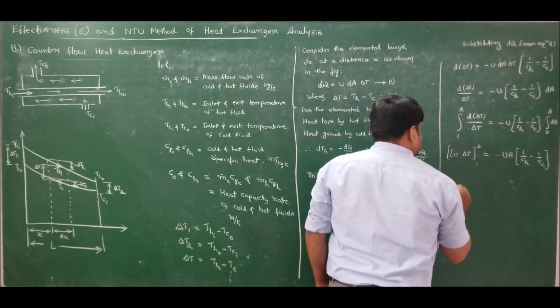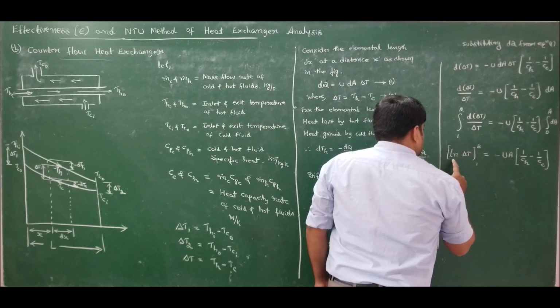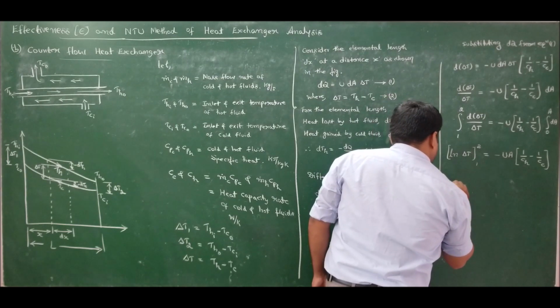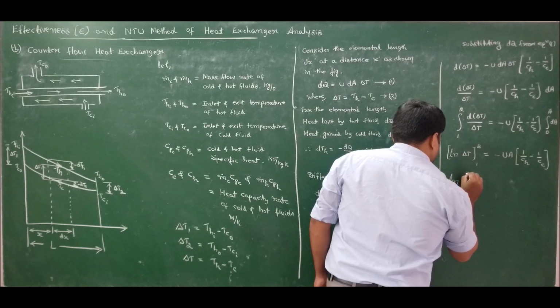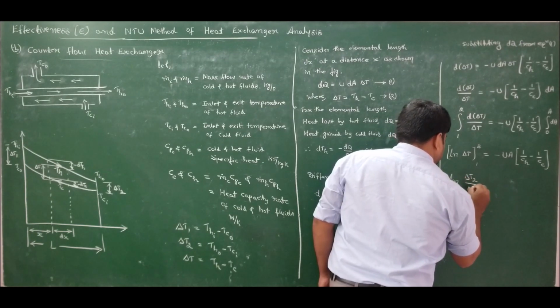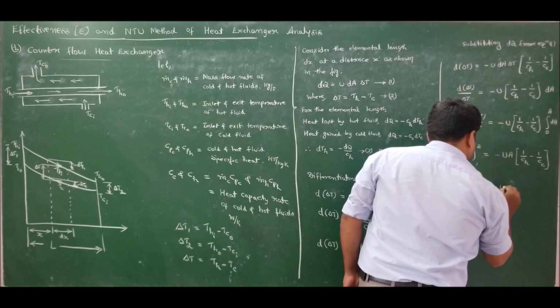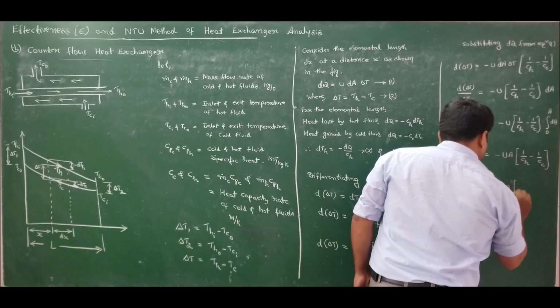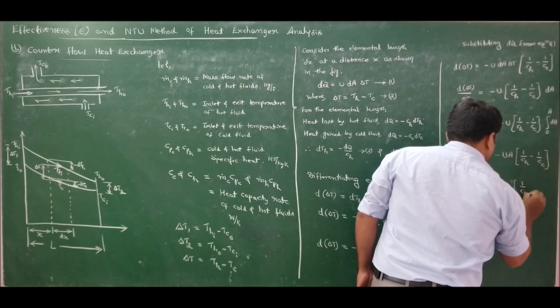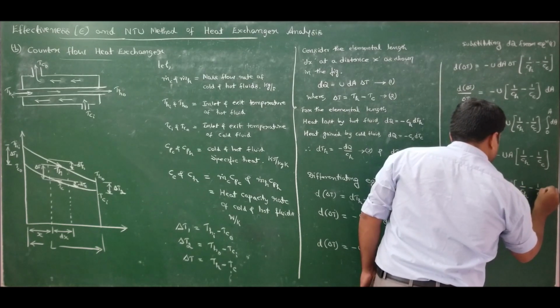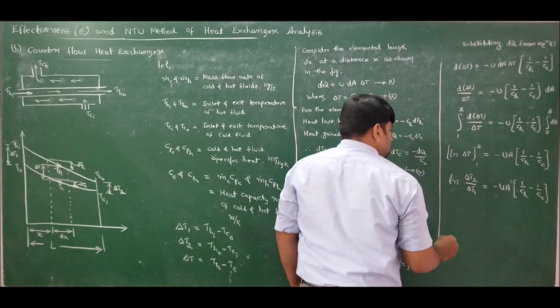So this can be written as log a minus log b is log of a by b, that is ln of delta T2 by delta T1, which is equal to minus UA times 1 by Ch minus 1 by Cc.